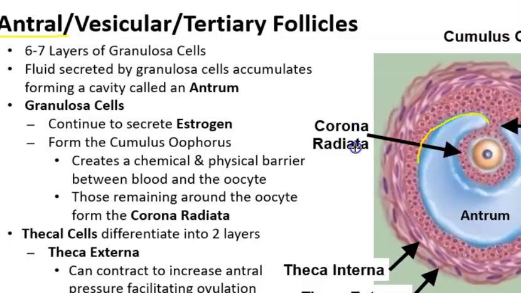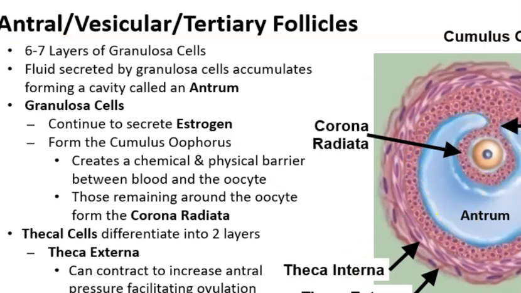So this fluid-filled cavity that's just huge is called an antrum. Again, that fluid's been secreted by the granulosa cells, and notice that it's a separate space from the zona pellucida because the zona pellucida is right next to the oocyte.